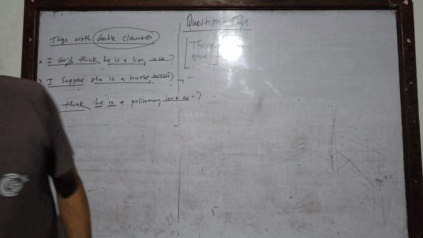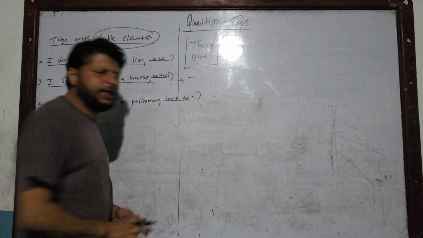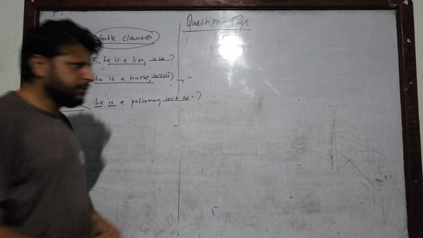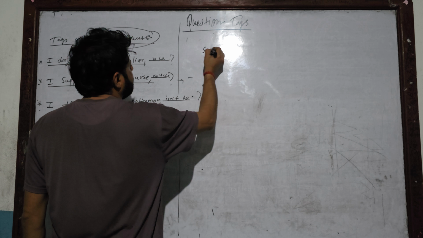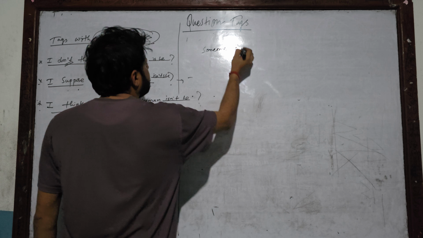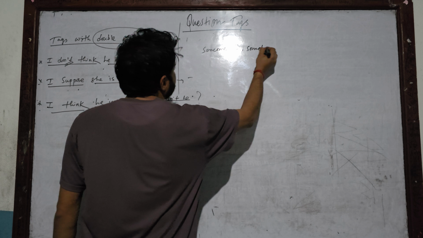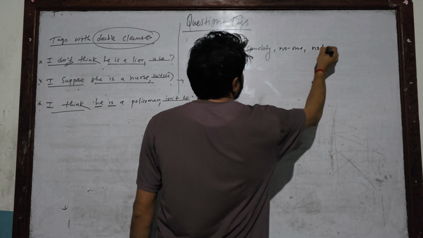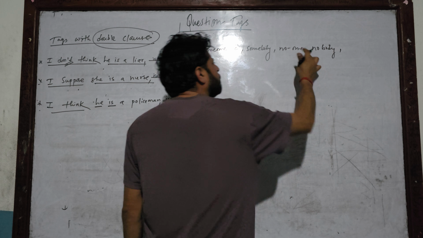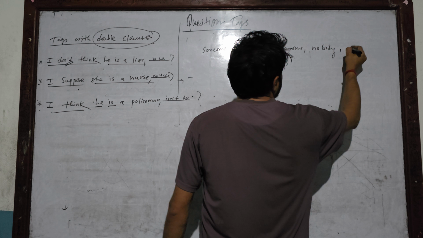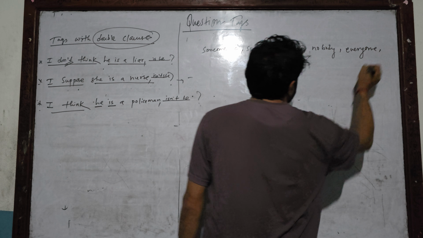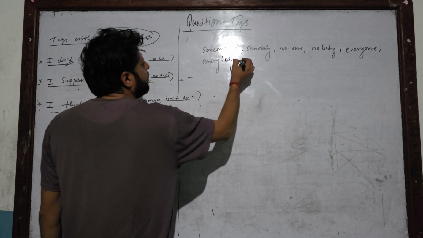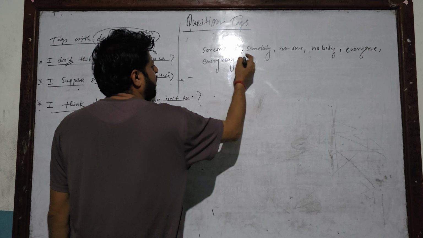Like, you must have heard about words like someone, somebody, no one, nobody, everyone, everybody, no one, nobody, okay, etc.